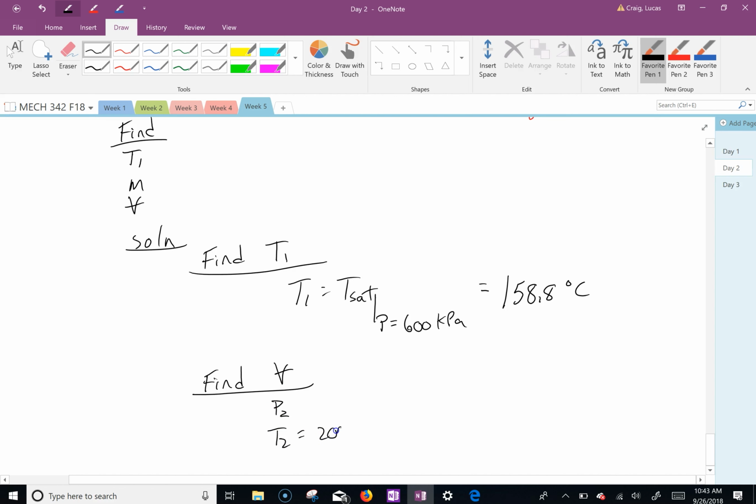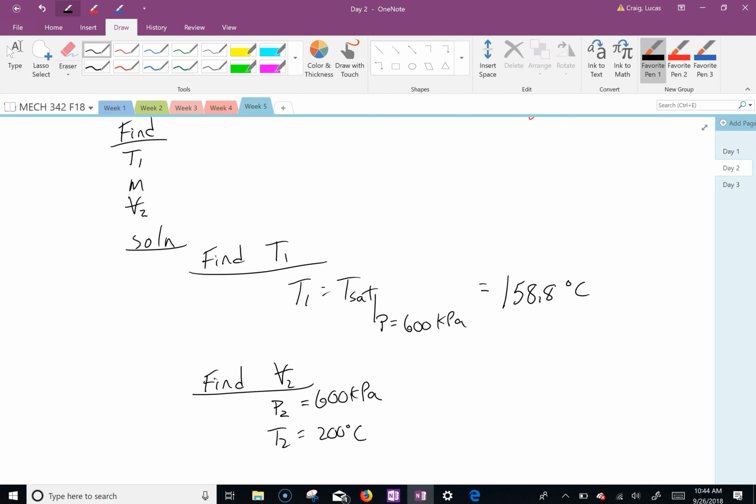This is 200 degrees C, and P2 is 600 kilopascals. And actually put a subscript 2 for your volume, because we're at state 2, the end. So start putting numbers on your states.